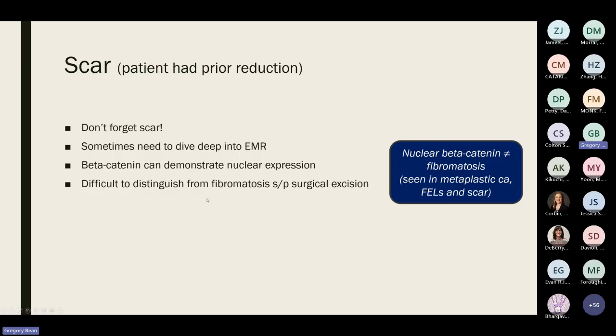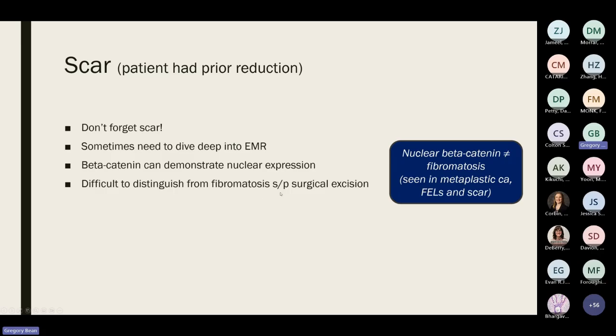Back when fibromatosis was more surgically managed, we would sometimes get challenging cases of fibromatosis that had initially positive margins on excision, and then they would go back and do re-excision.